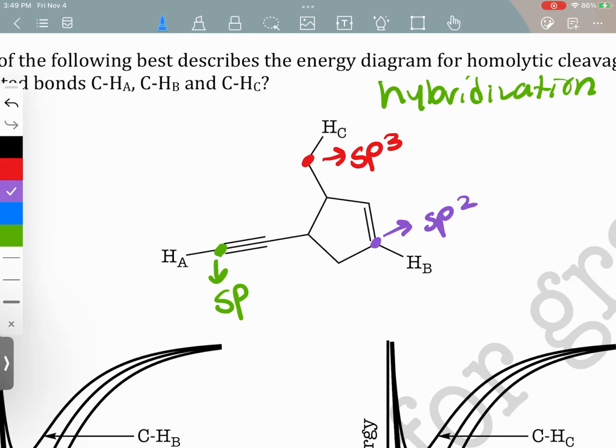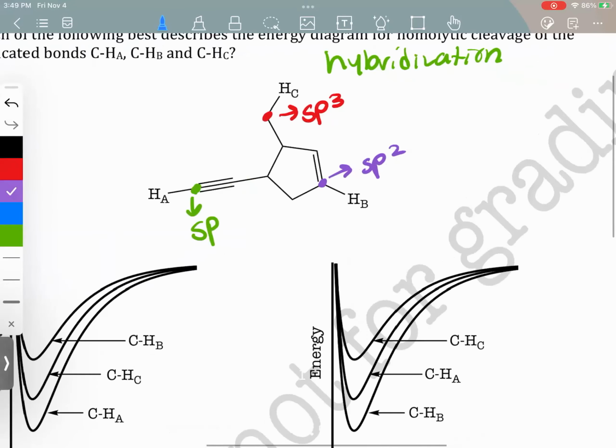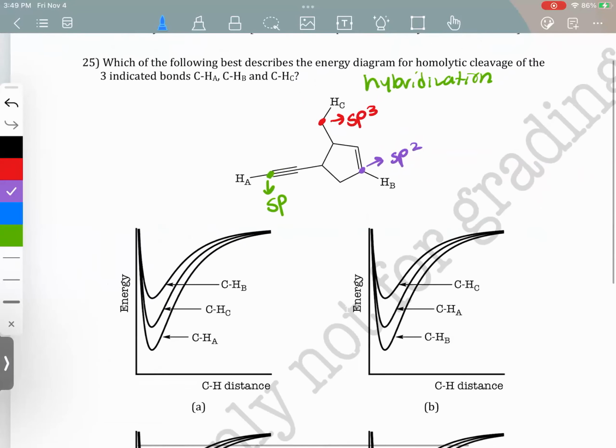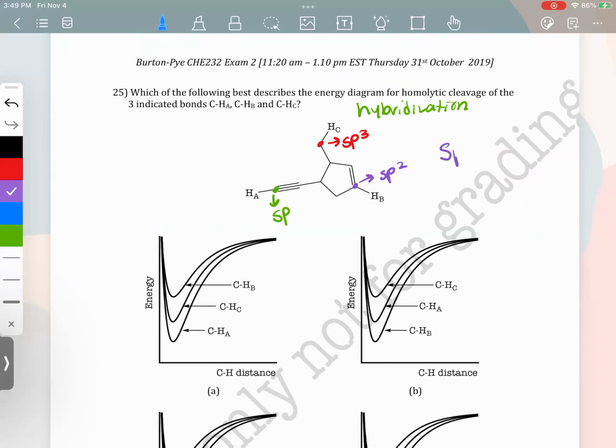So you're breaking a hydrogen off of an sp hybridized carbon, an sp3 hybridized carbon, and an sp2. So what can we say about the energies of these hybridizations? From sp3 to sp2 to sp, which way is the energy being lowered?